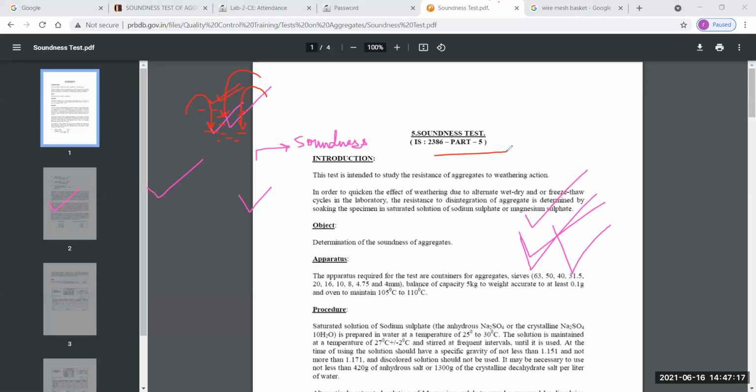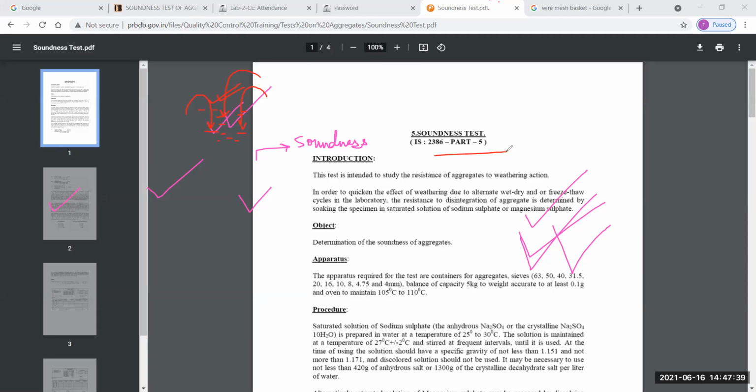Generally, in this test, we check the resistance of aggregate against weathering action. Weathering action may be anything. During rainy season, weathering action will take place from water. Next is your alternate wet and dry.